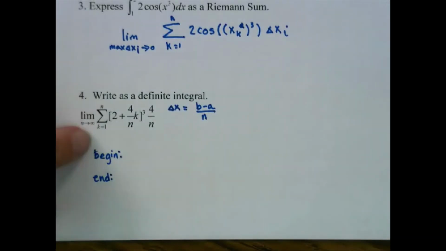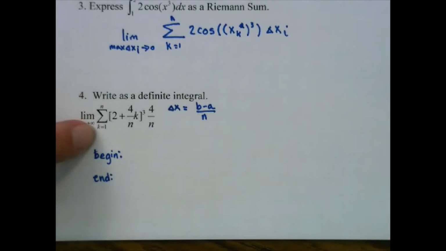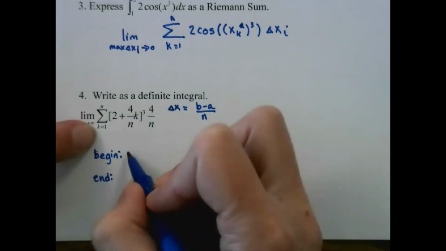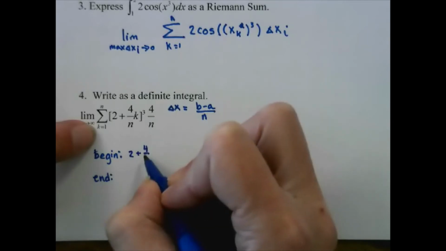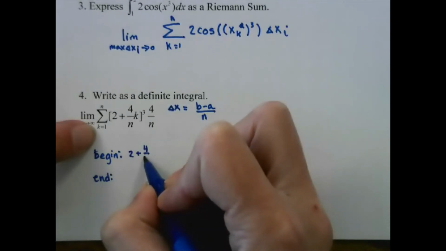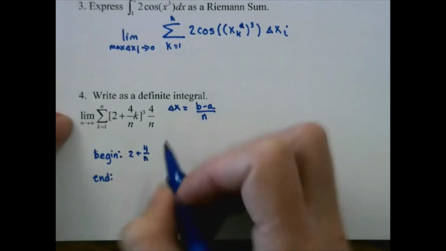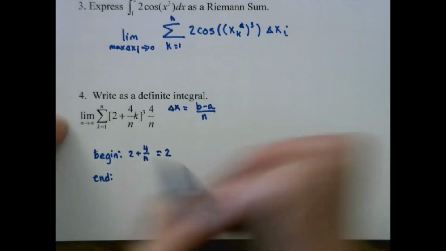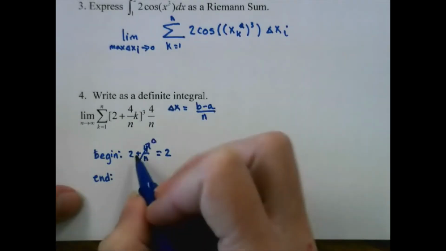And if I look at plugging in these values, if I plug in k is 1, then we're going to have a starting value of 2 plus 4 over n times 1. Well, n's going to infinity, so this is going to start at 2, because that's going to go to 0.